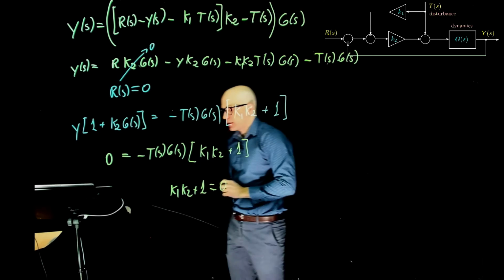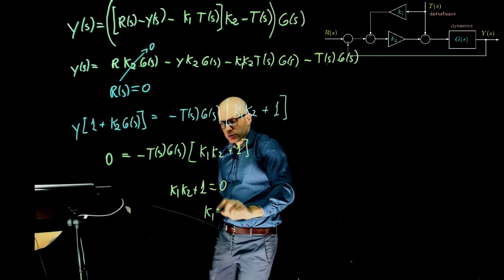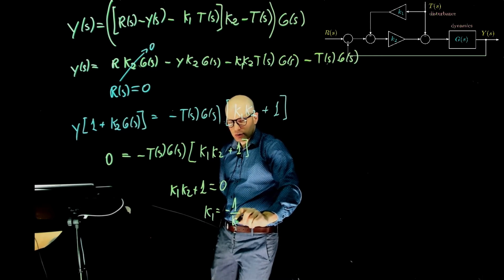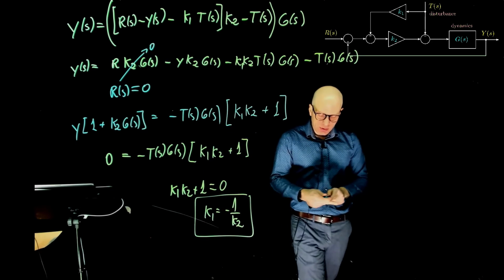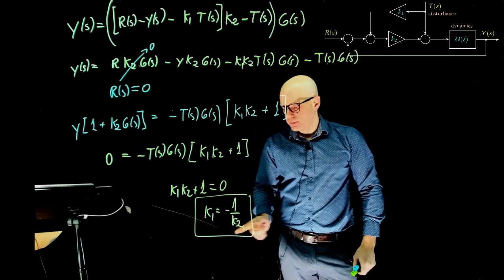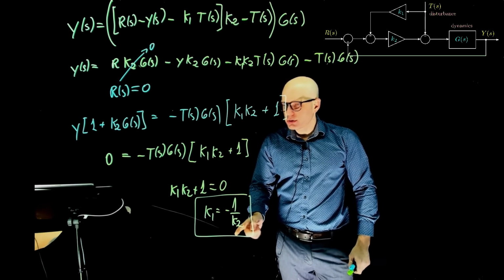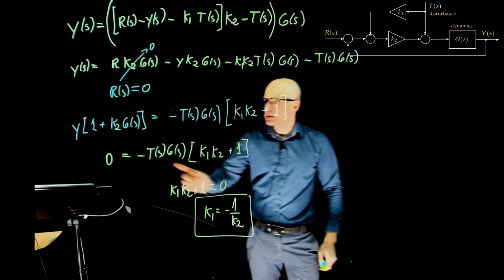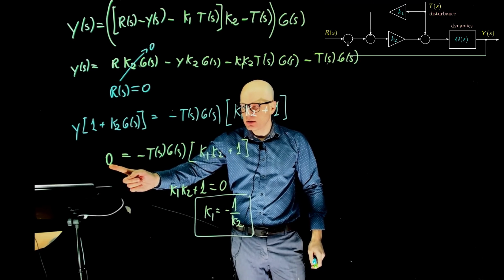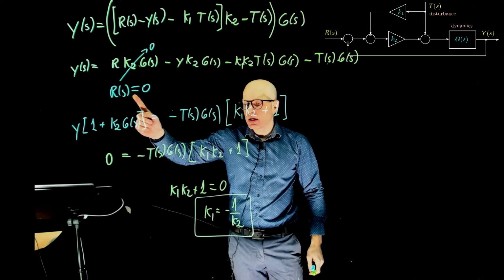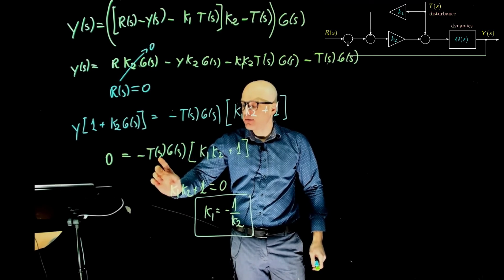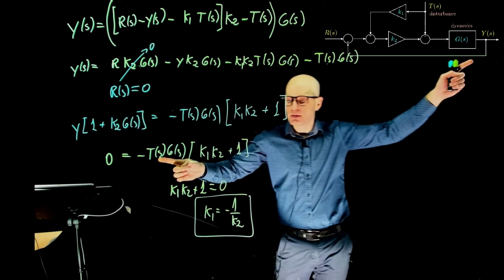Our task is to find k1, so k1 equals to negative 1 over k2. When this condition is met, then we see that the disturbance will make the output of 0, because that's the desired output, right? Which means that the effect of the disturbance does not make it to the output.